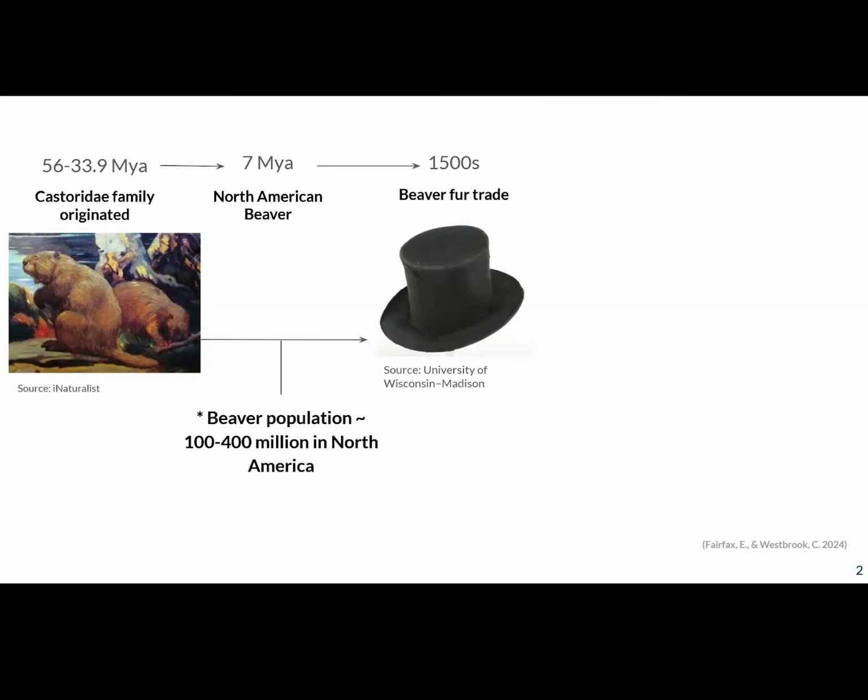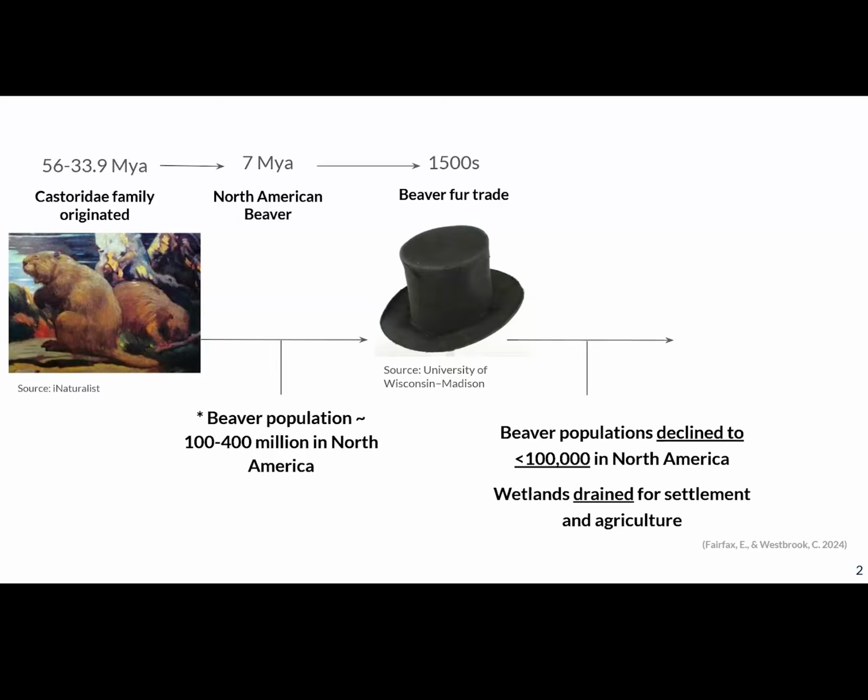When they had almost entirely exterminated the beaver in Europe, they came to North America and started looking for the North American beaver, and they found a very plentiful population. The fur trade resulted in a huge decline of the population. The lowest point was less than 100,000 individuals across all of North America. This also coincided with beaver wetlands being drained for settlement and agriculture.